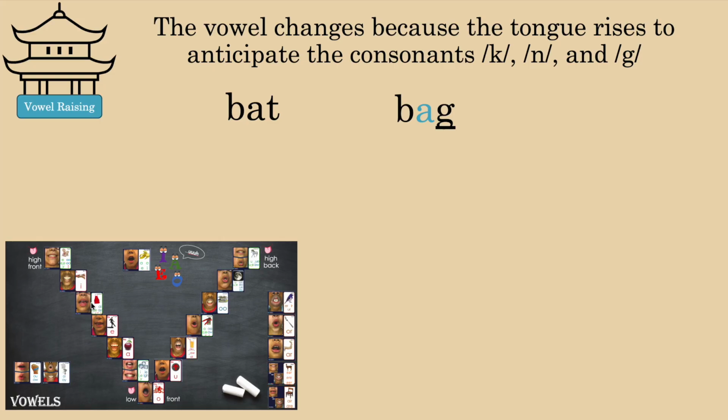Here you have it in the front of your mouth, kind of in the middle, and you're going to be pulling your tongue all the way toward the back, where the bulk of your tongue's in the back, to make that G sound. So it sounds a little bit more of an EA sound as you go up. So here we have a low A, and as you're pulling your tongue back to say the G sound, you're actually getting closer to this A as that movement, just that anticipation of going into that next consonant sound.